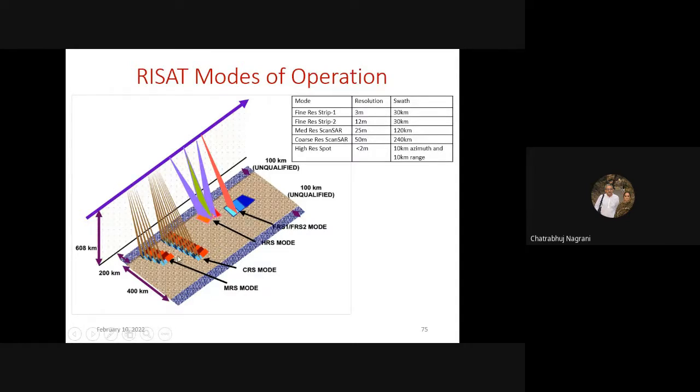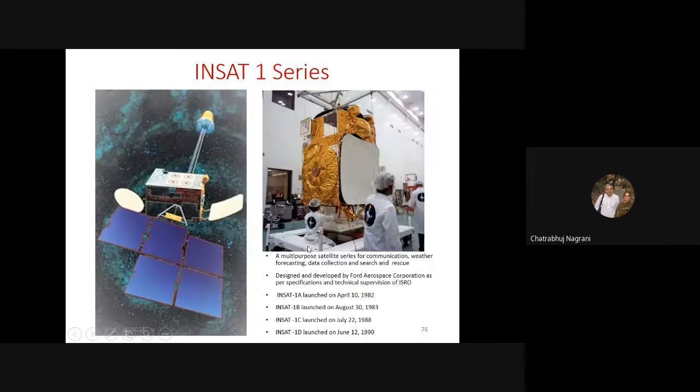That you have to do. I don't know the details of how. I'm not an expert in radar satellites, but you have to look slightly slant to get the correct resolution both along the track and across track. So in the range and the other direction, you can get the correct picture. So this is RISAT. We are going to launch that.